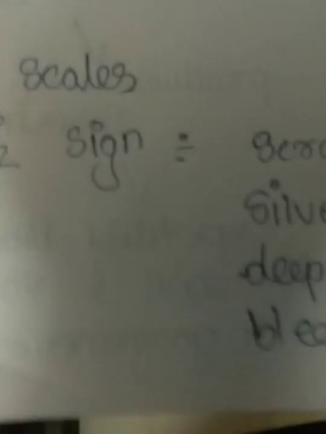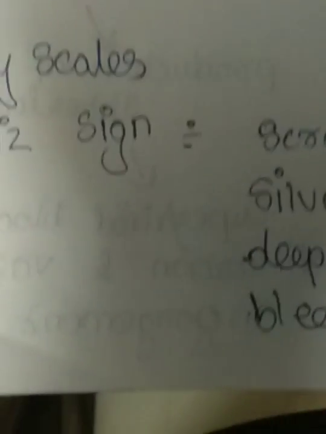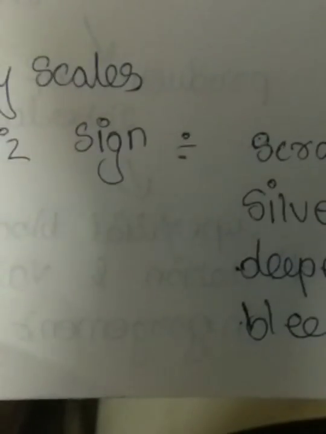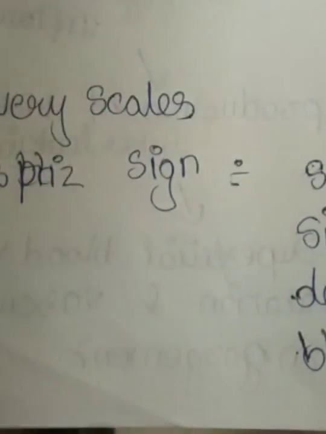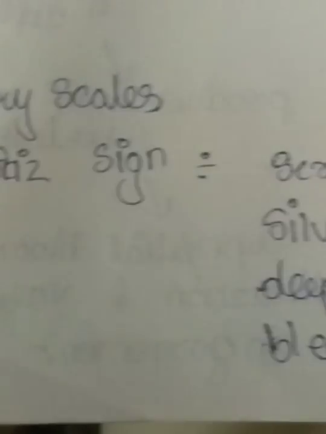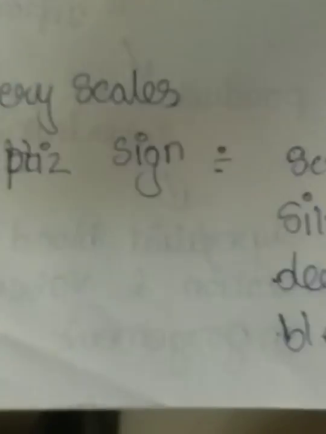Why does this bleeding occur in psoriasis? The reason is that capillaries are damaged, there is a reduction in the granular layer, and telangiectasia is seen.